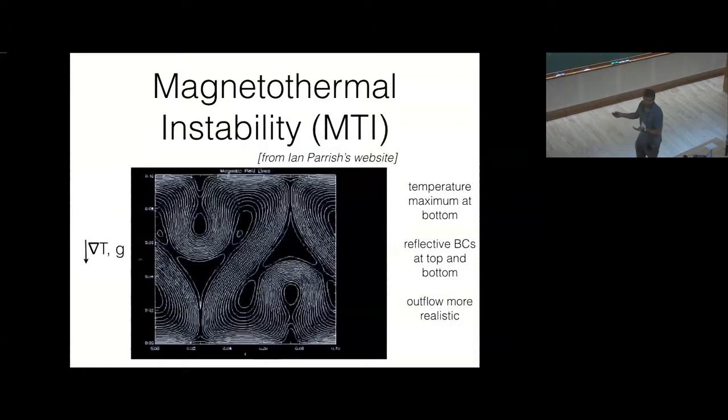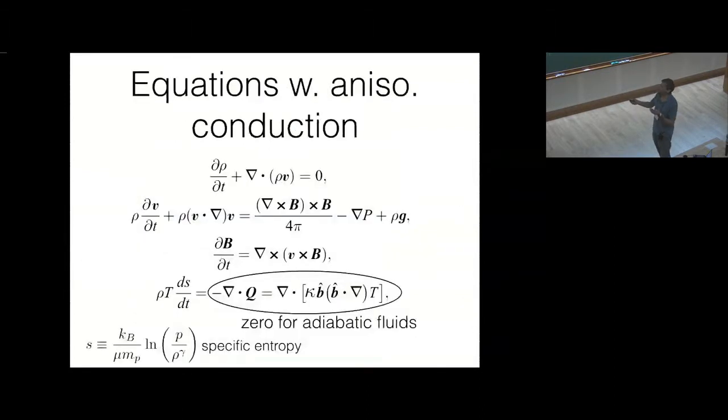Right, so these are the standard equations: the mass conservation, momentum, induction equation, and the entropy equation, the energy equation. But keep in mind that we have anisotropic conduction, and this is what is responsible for changing the nature of buoyancy in these systems.